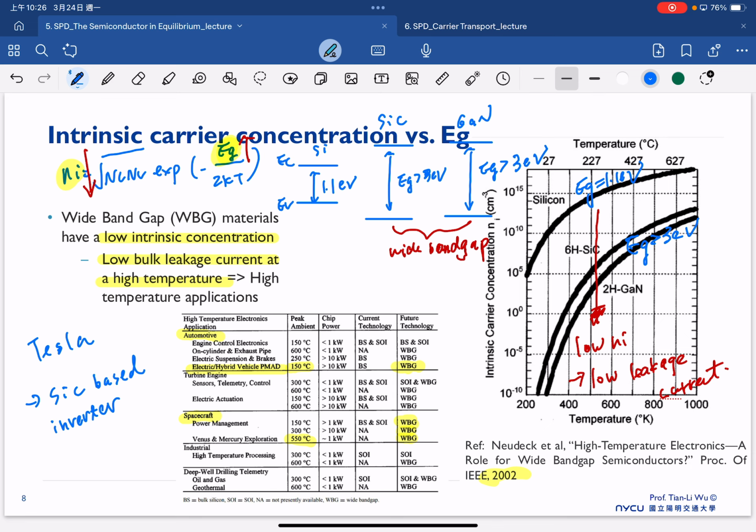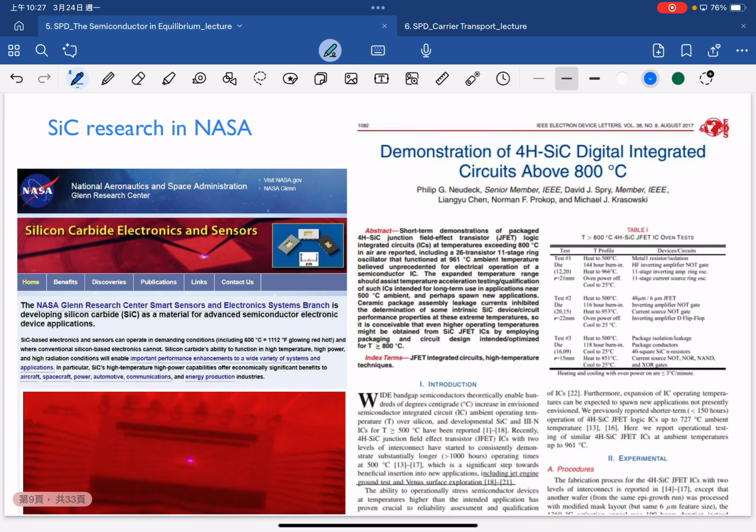So that's an example, but I just want to show you that silicon carbide, this kind of wide bandgap technology, is not really a technology that is still far away from our life. It's already in very intensive research and application. So this is an official website of NASA.